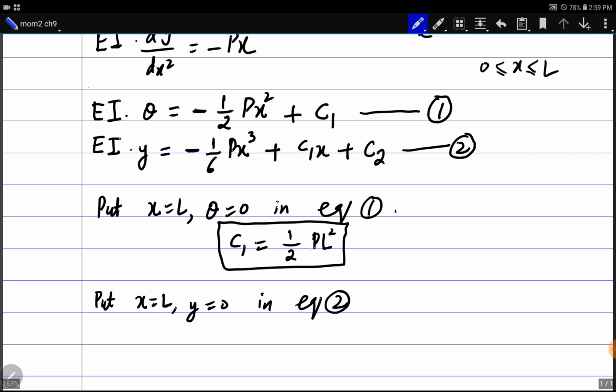C1 is already known, 1 over 2 PL square. So by simplifying equation number 2, we can get EIy equal to minus 1 over 6 Px cube plus 1 over 2 PL square x.